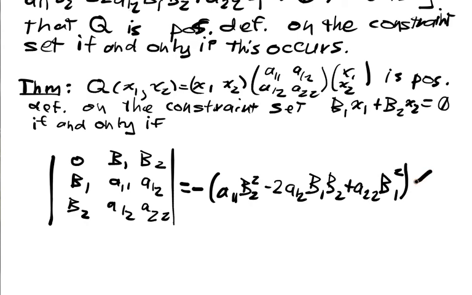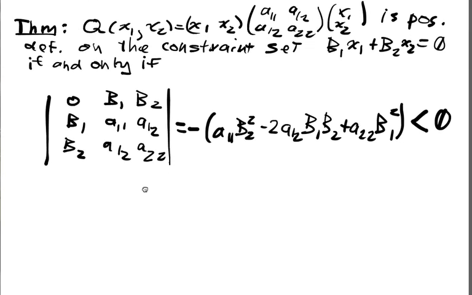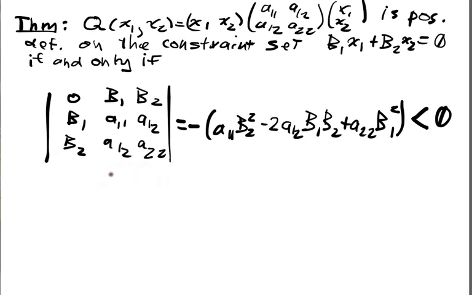If this guy's positive, then that quadratic form was positive definite, and so if the negative of this is less than 0, then we have positive definiteness. So it turns out that these two quantities are equal to each other, and you can actually work that out for yourself. That's actually a good exercise, and I may make you go through it.